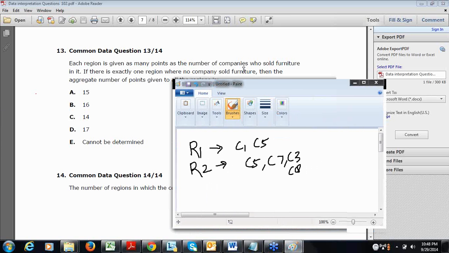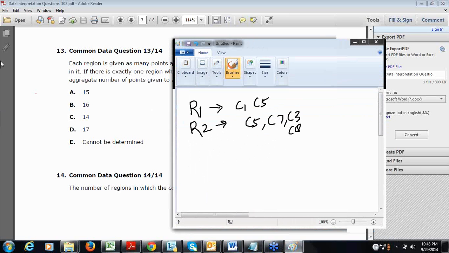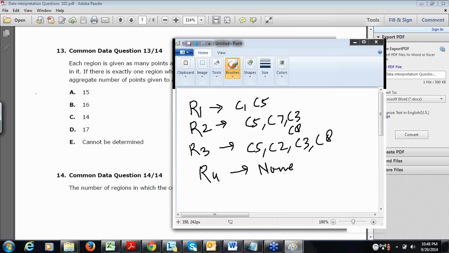Then we have a region R3, which has C5, C2, C3 and C8. Then there is a region called R4 which has none. Then there is a region R5 which has C4, C5, C6, C3 and C8. We can make the regions like this.